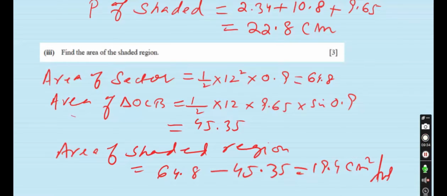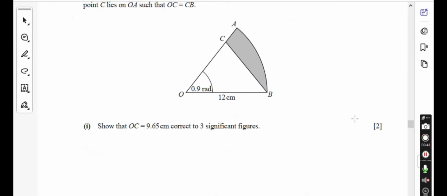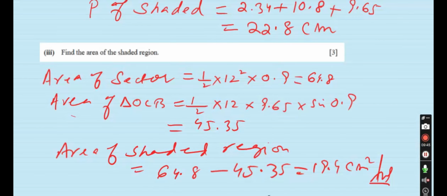So this is the answer of part number 3. So the total marks of this question are 2 plus 3 is 5, plus 3 is 8, and if you do it in this way you will get full marks.